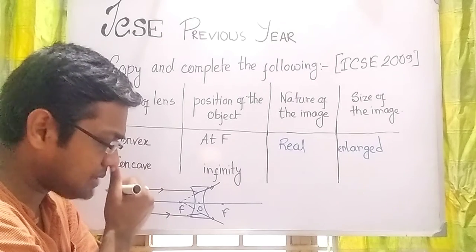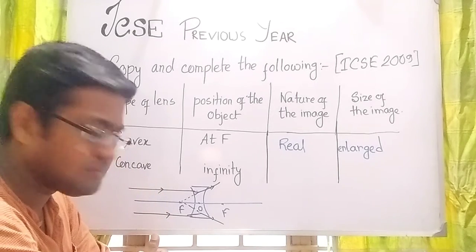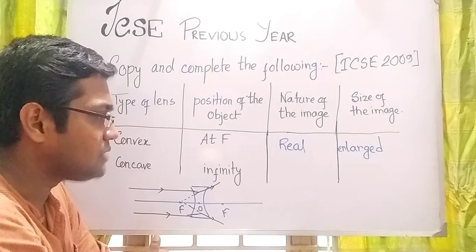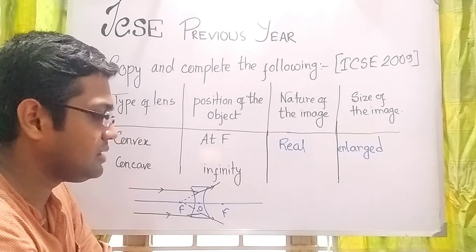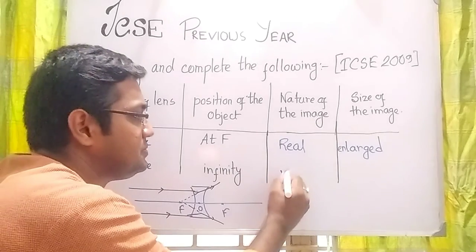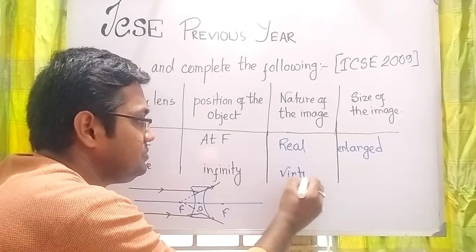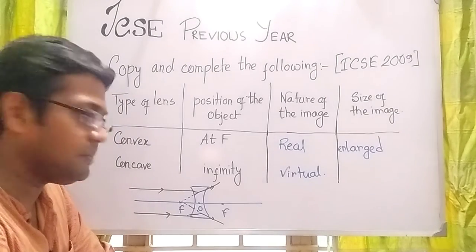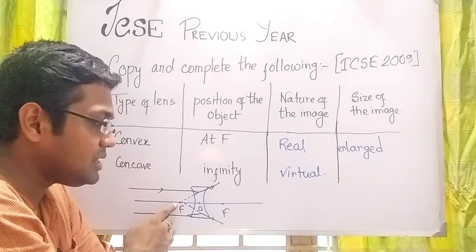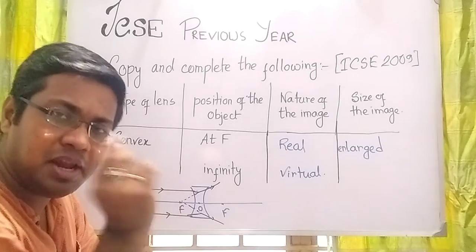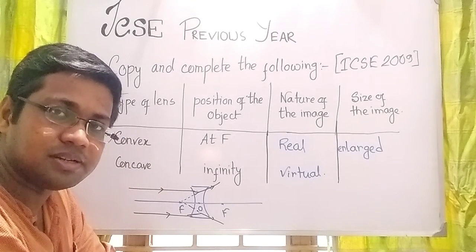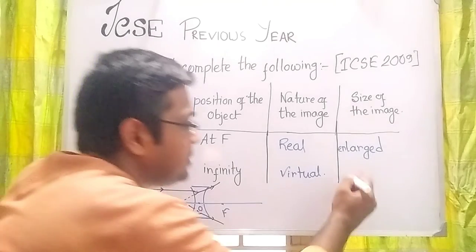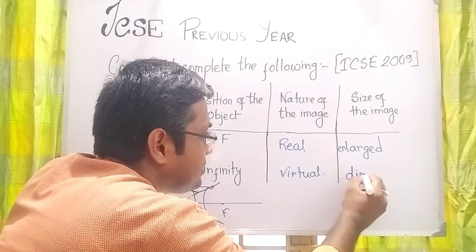Are the rays actually meeting each other? No, the rays are not actually meeting each other. So the image that we have obtained here can't be a real one. That is a virtual one. And the image that is obtained here is a point, very small compared to that of the object. So we can say the image that is obtained here is diminished.